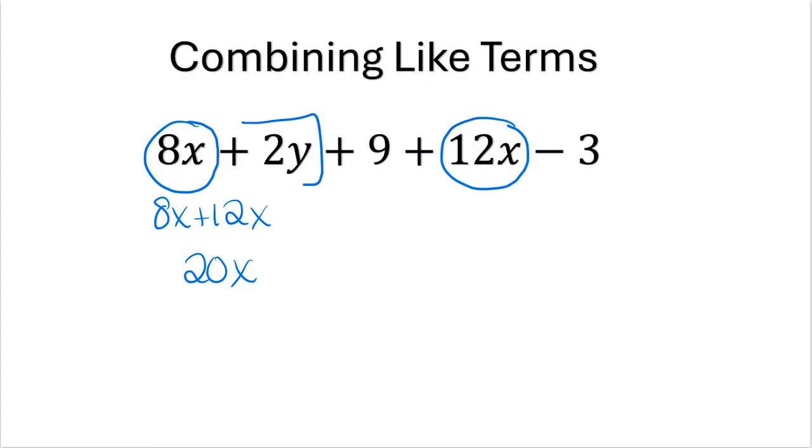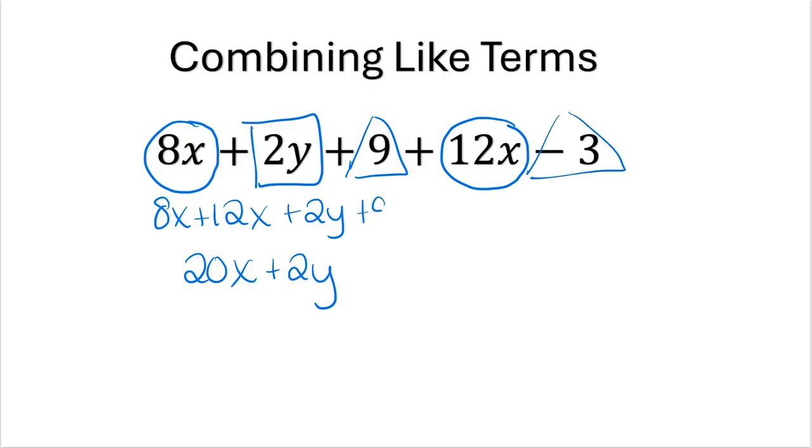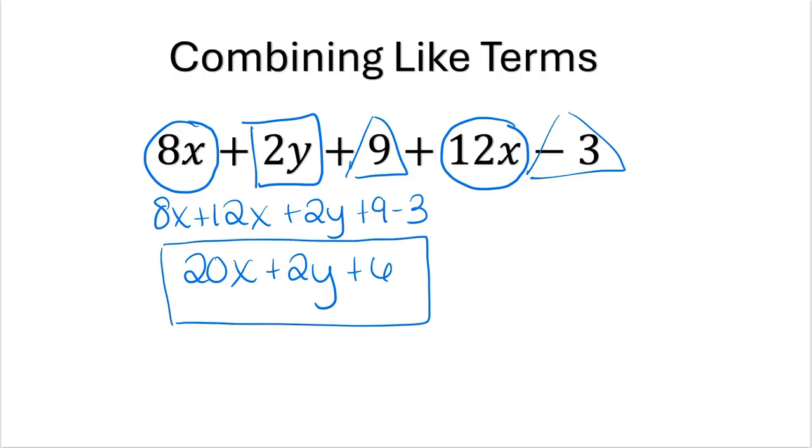I have 2y, and I don't have any other y terms, so I'm just going to leave that as plus 2y. Then I have a 9, so I'm going to use a triangle for my constant terms. I have plus 9 minus 3, which combines into plus 6. So in my final answer, I'm going to leave all of these unlike terms separated by that plus sign because I can't actually combine them.